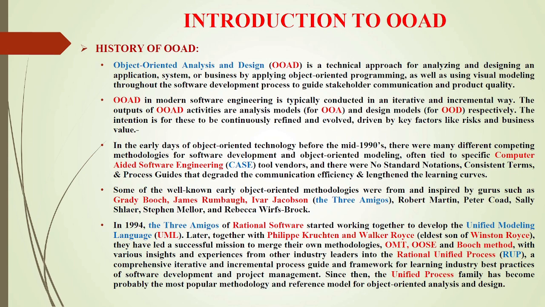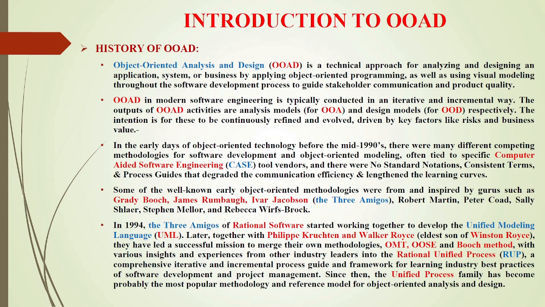In the early days of object oriented technology, at most around the mid 1990s, there were many different competing methodologies for software development and object oriented modeling. For specific computer aided software engineering, we call them CASE tools.